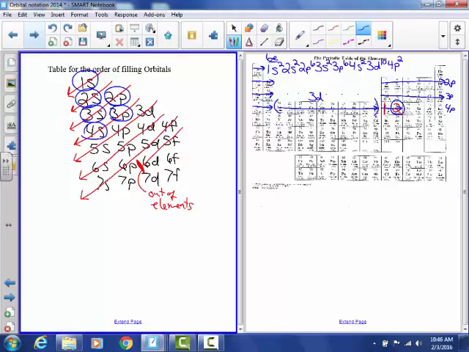Then we went 4s, but then we snuck back up here and did 3d, then 4p. Okay? So we did follow the correct order by going 3D. That's where these lines come in.